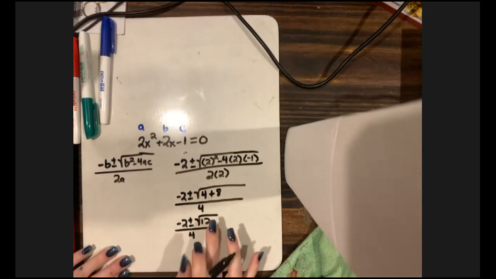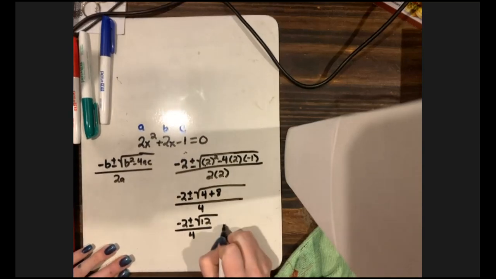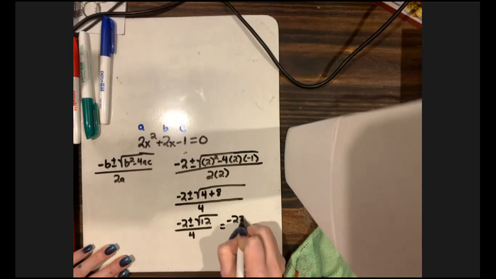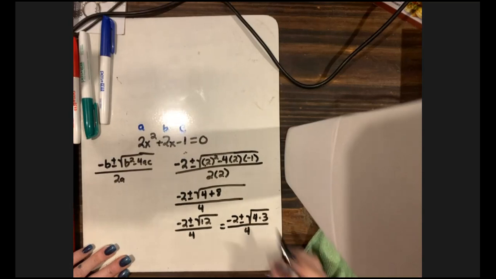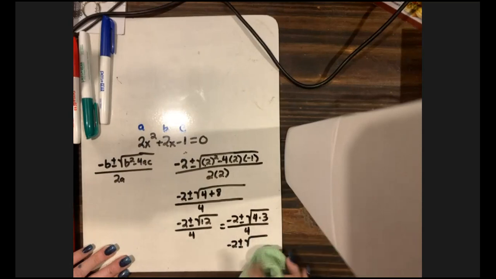Now, I am going to try and clean up the 12 here. That's going to give me negative 2 plus or minus the square root of 4 times 3 over 4. I can take the square root of 4, so it's going to be negative 2 plus or minus 2 square root of 3 over 4.